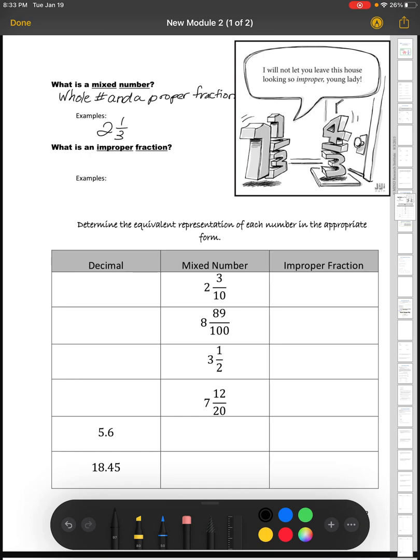And what is an improper fraction? And you guys are used to seeing these. These are a fraction where the numerator is greater than or equal to the denominator.